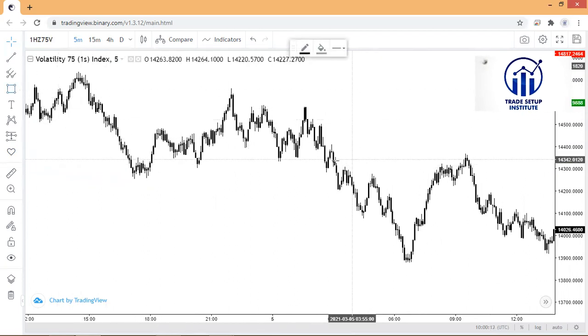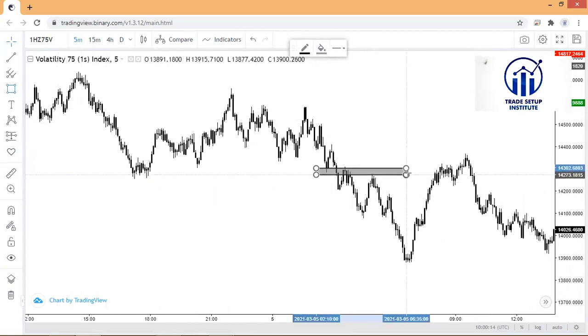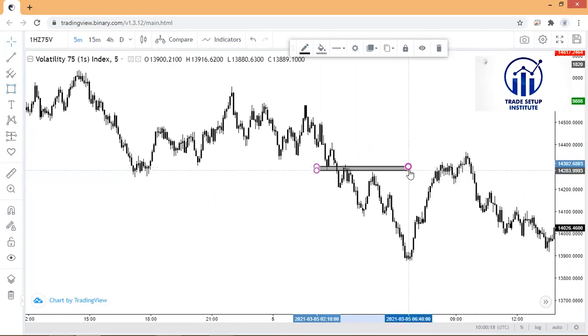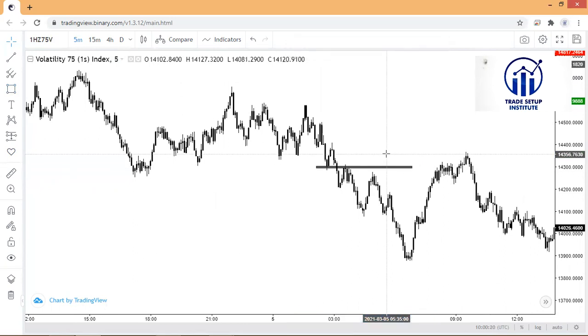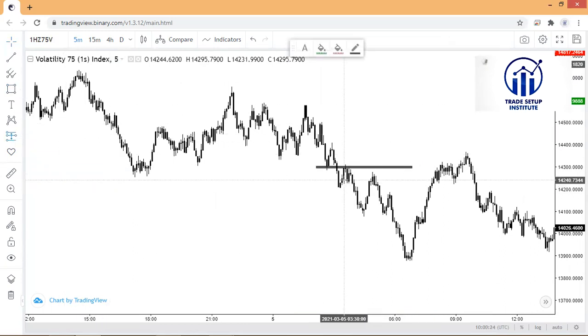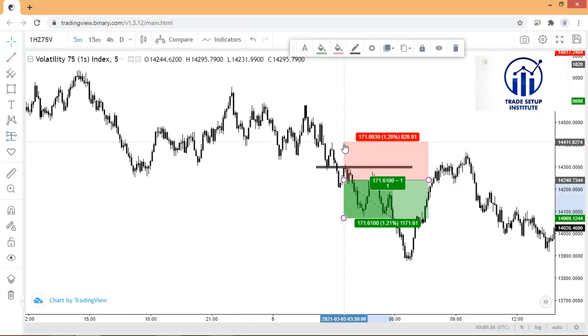Sorry, there's another entry, guys. Another entry. It's our fifth trade now.